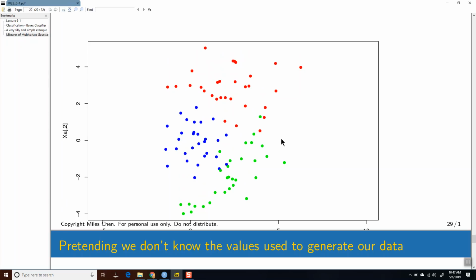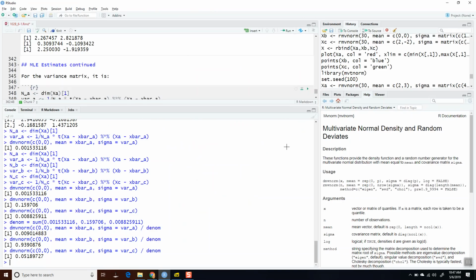Let's say I come over here to, I think this is like 5, 0. If I come over to 5, 0, the one that should be most likely is probably going to be class C, the green ones, and then class A, the red, will probably be next most likely, and then the blue will probably be the least likely.